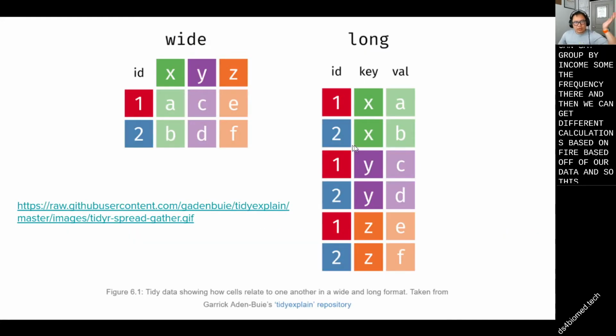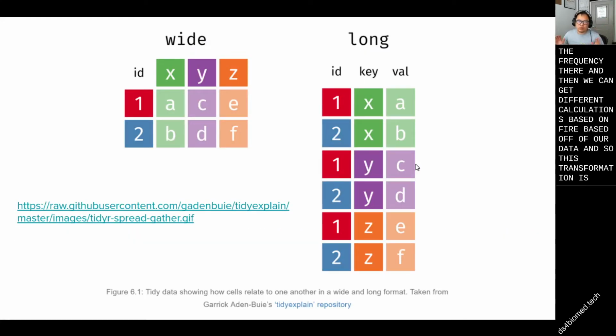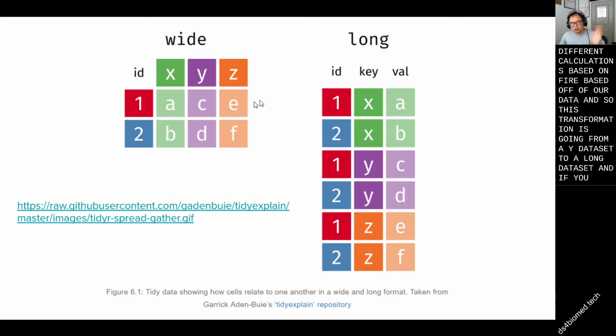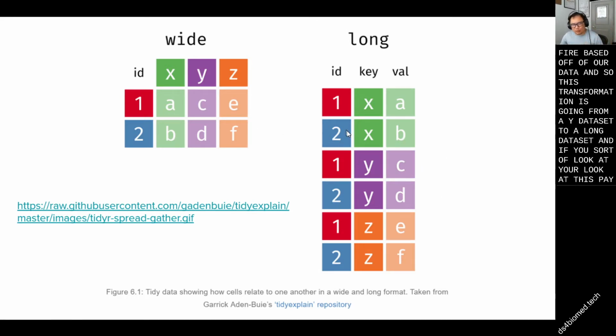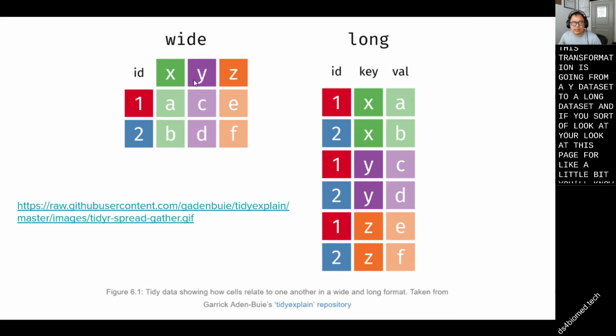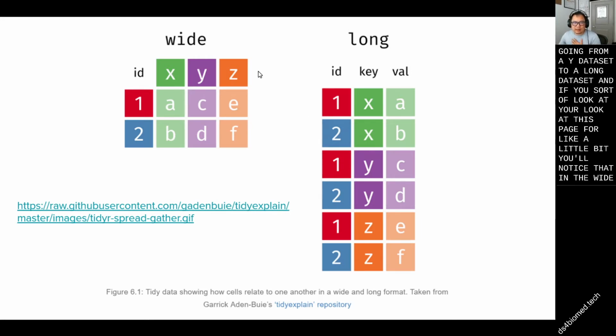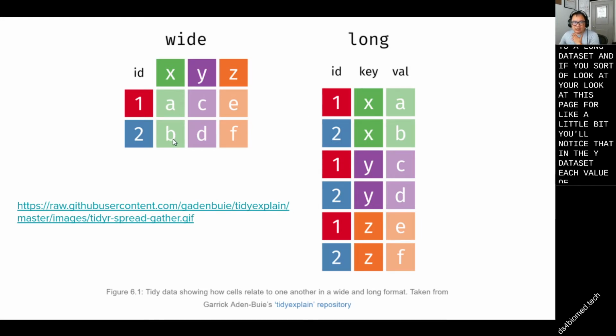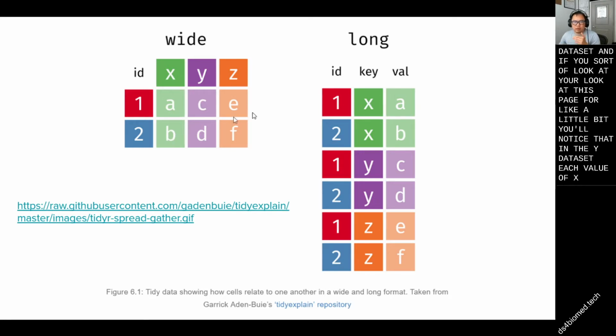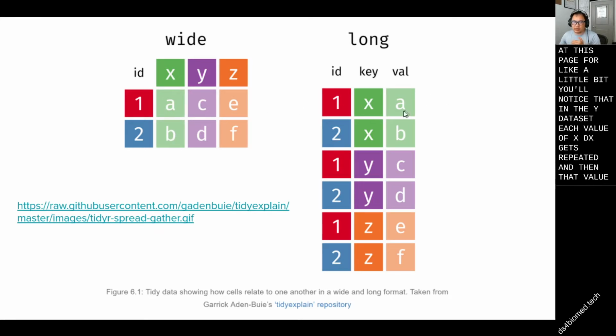And so this transformation is going from a wide data set to a long data set. And if you look at this page for a little bit, you'll notice that in the wide data set, each value of x gets repeated, and then that value gets replicated for the value there.